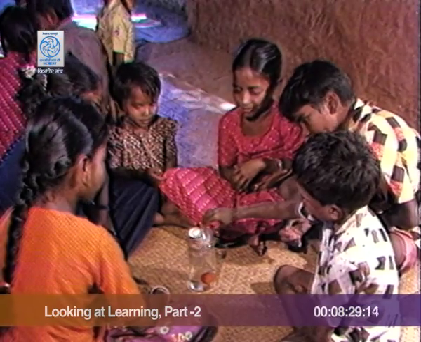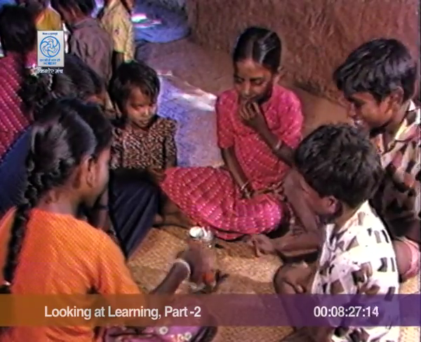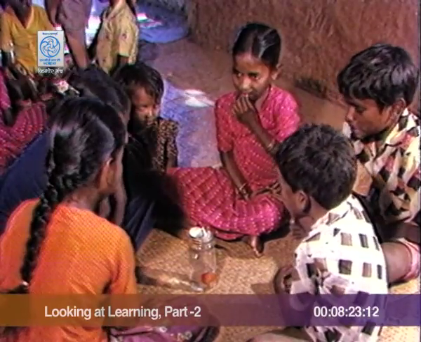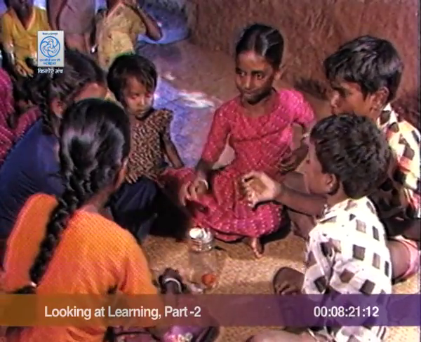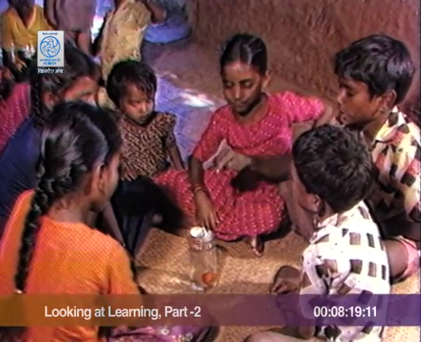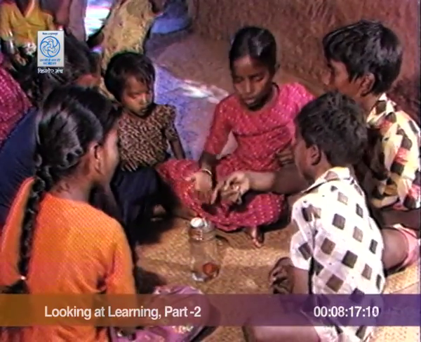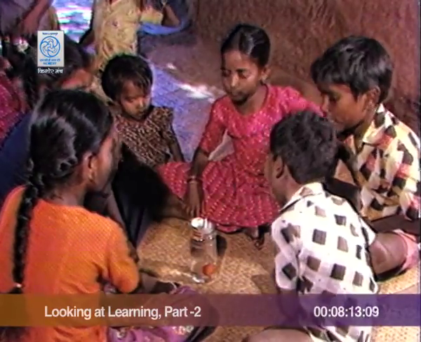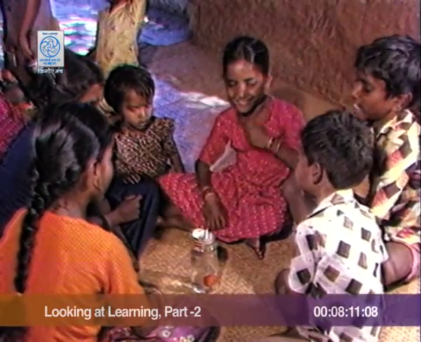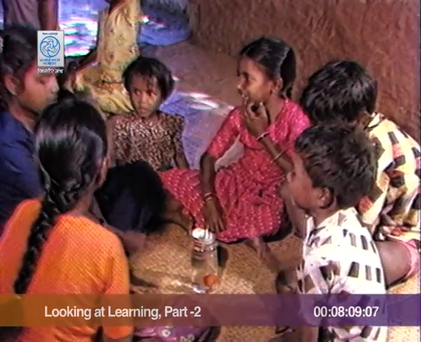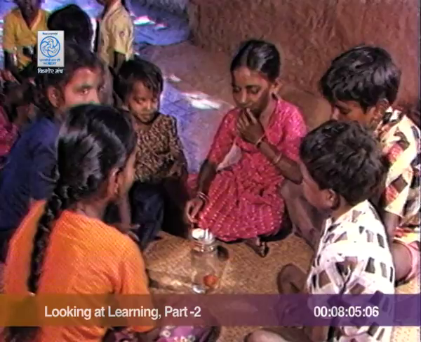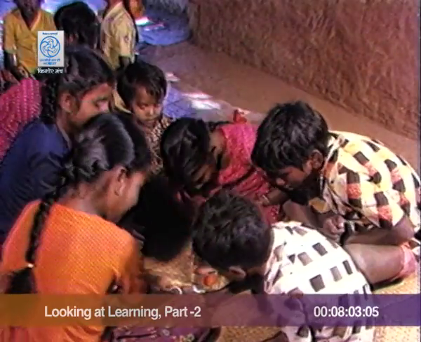But there is no shame in their voices when they accept that they have been wrong. Being wrong is also a part of learning. Soon, each group has its results.